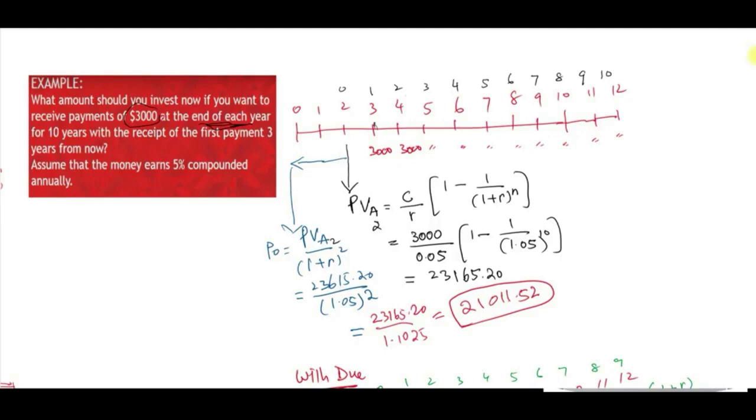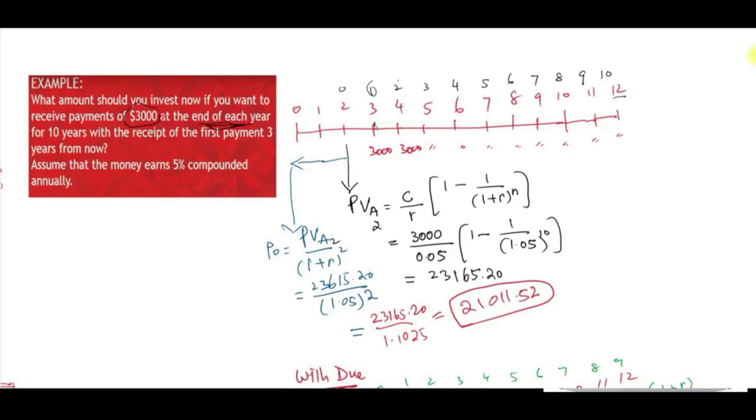So 1, 2, 3, 4. How many years would it be? 10 years. So the first payment happens at year 3, and the payments run through years 4, 5, 6, 7, 8, 9 and 10. If you count the number of periods here, 3 would be 1, 4 would be 2, 5, 6, 7, and you can make a timeline.